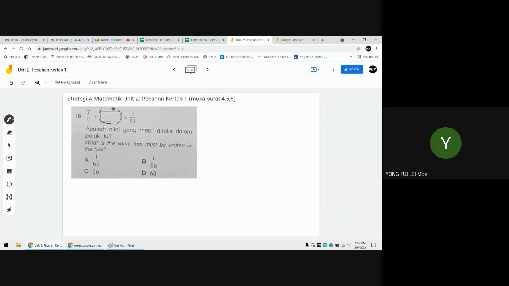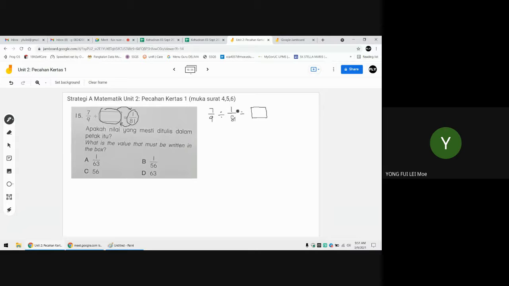Switch this to here, and this to here, so that your mathematical sentence will be 7/9 divided by 1/81 equals this. Switch their places.